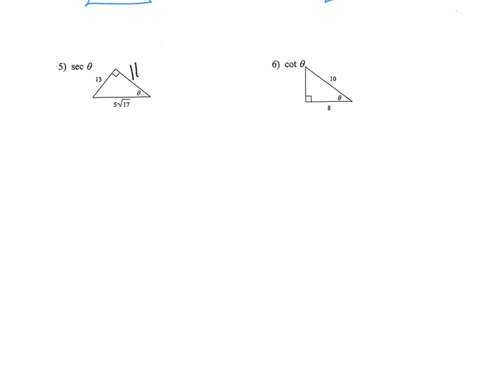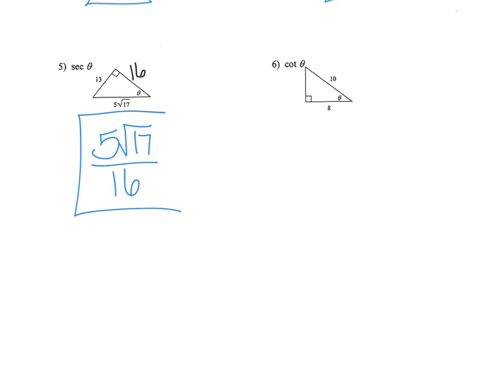You'll find that that's 16 when you calculate it, which makes hypotenuse over adjacent 5 radical 17 over 16. Does the radical simplify? No. Does the fraction simplify? No. Is there a radical in the denominator? No. There's my final answer.